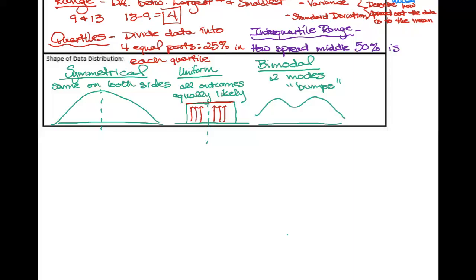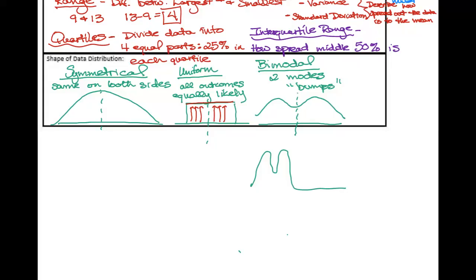Something like that. Doesn't have to be on the same side, or necessarily on opposite sides. If you have something like this, that could be bimodal. Just 2 areas that have more data than any place else.